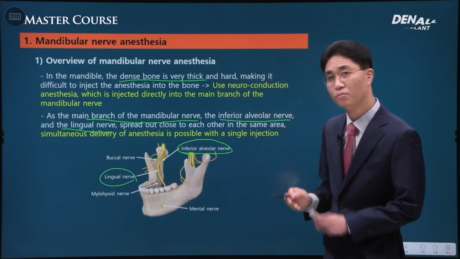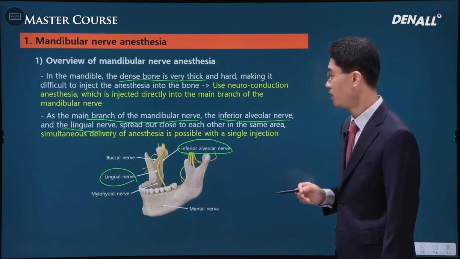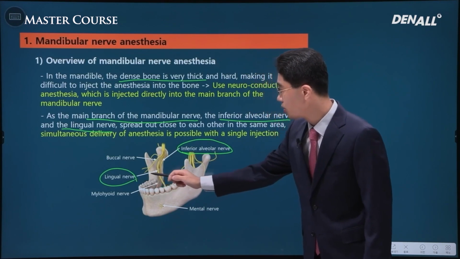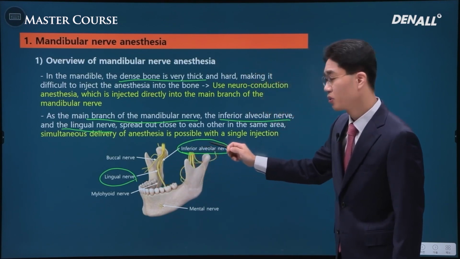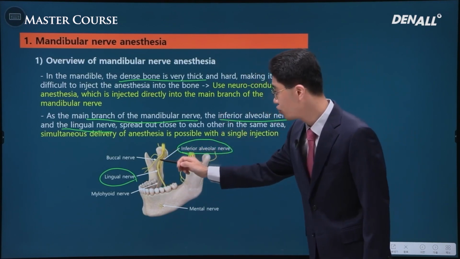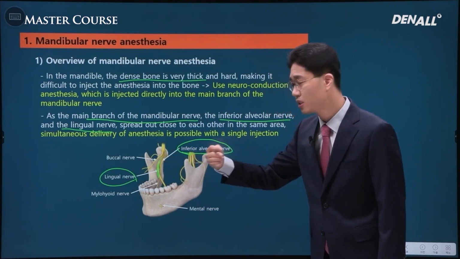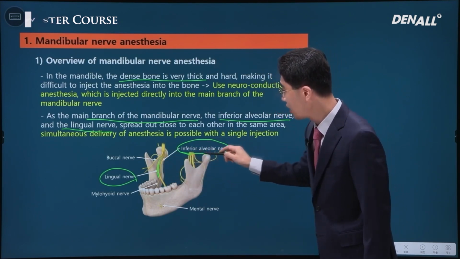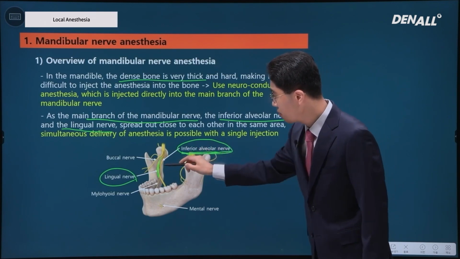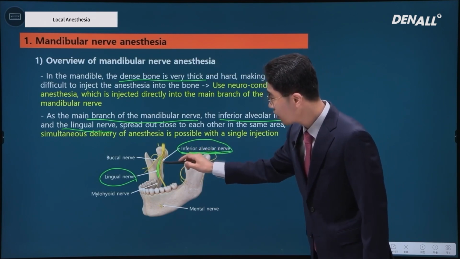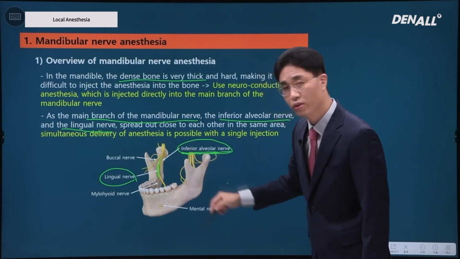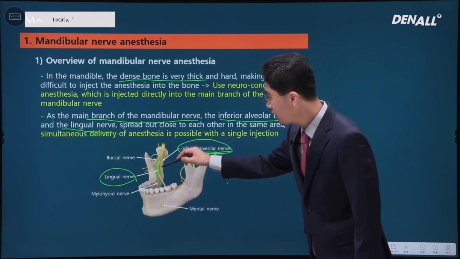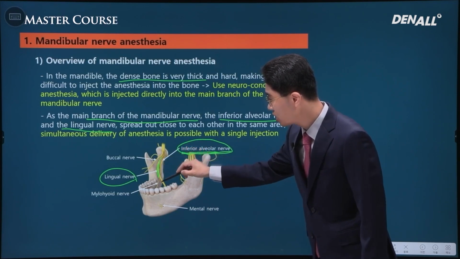To be more specific, the lingual nerve runs slightly more to the front compared with the alveolar nerve, and it runs more towards the inner surface. In the case of the inferior alveolar nerve, it runs through the mandibular foramen into the mandible. Right before entering the foramen, there's a split in the nerve, and it is the mylohyoid nerve.